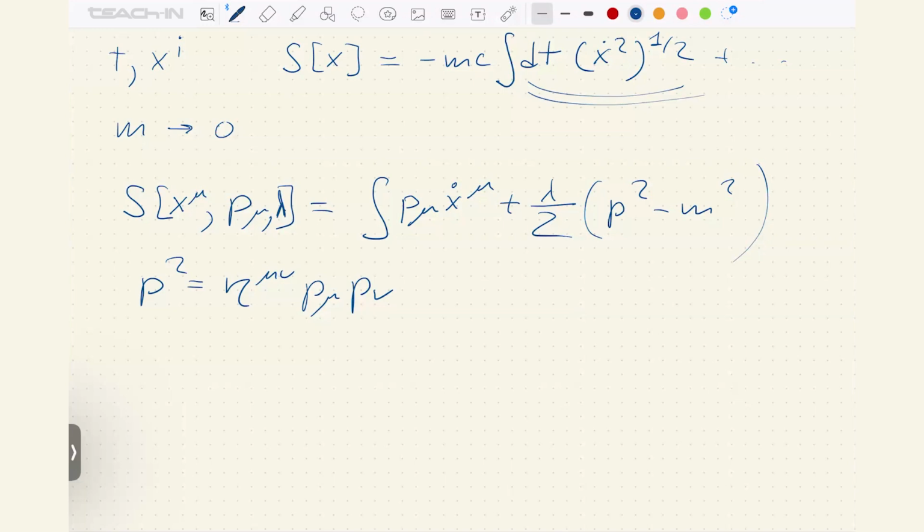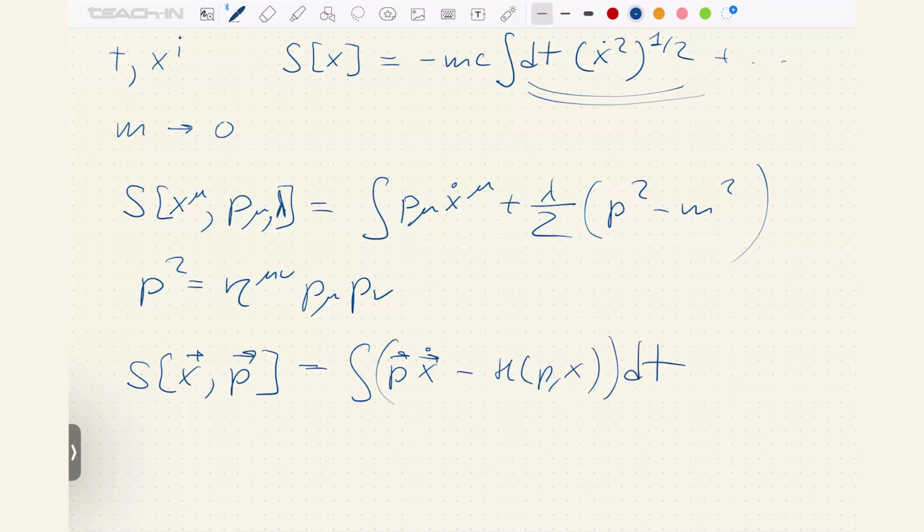a non-relativistic particle, the action usually looks like this. S of, let me put vectors to distinguish the non-relativistic case, the integral of p x dot minus h of p, x, where h is the Hamiltonian, dt. This is the usual Hamiltonian action.